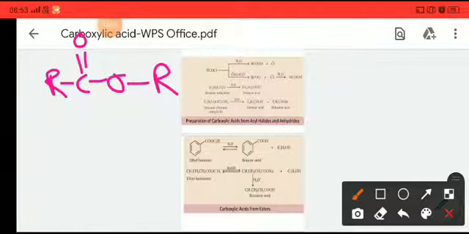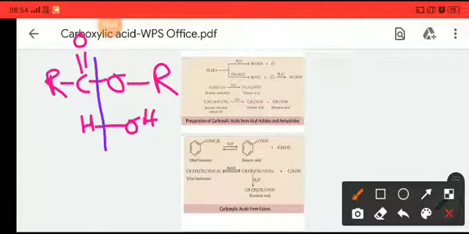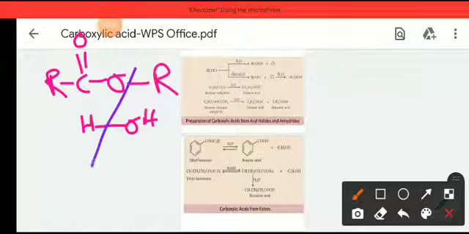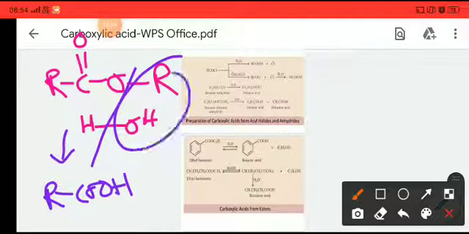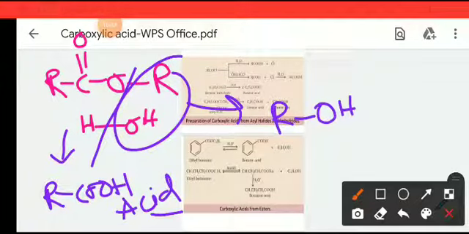While reacting with water and base, or water and acid, water being HOH, it will give a product like this: RCOOH, and from here it will give ROH. So it will be an acid and an alcohol.